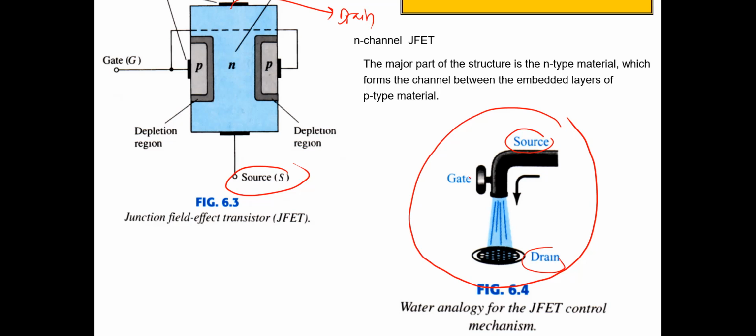So we can see here, if we control the gate, the depletion region between the p-type and p-type will be larger. Let me show you.